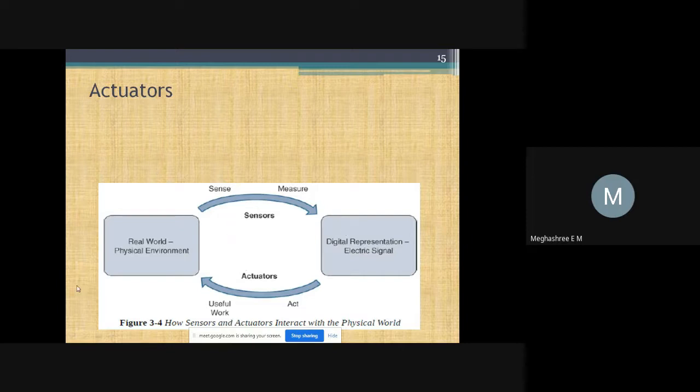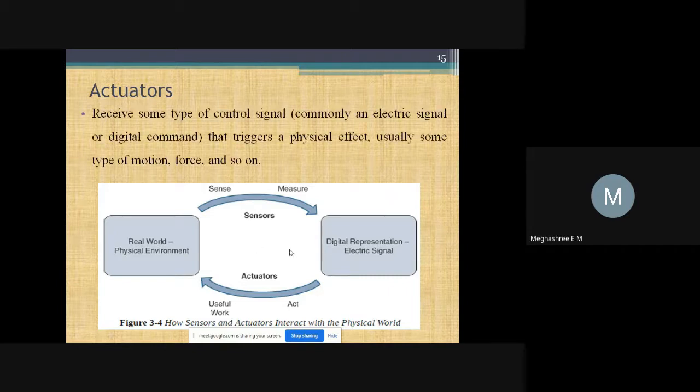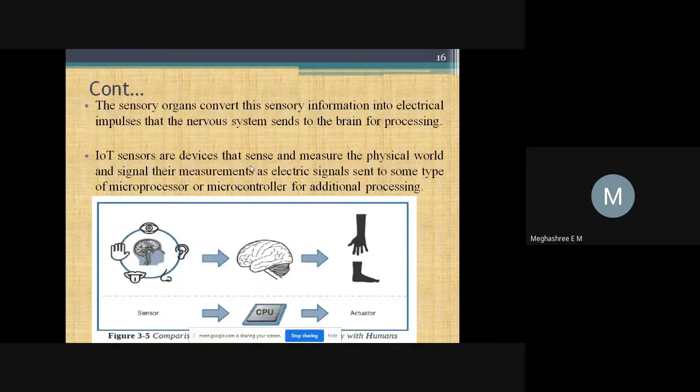This is a small representation of how sensors and actuators work together. The actuator receives the control signal that triggers a physical effect, usually some type of motion or force, and so on. As I said, water will be sprinkled on the fire, right? So that is the action taken on the control signal.